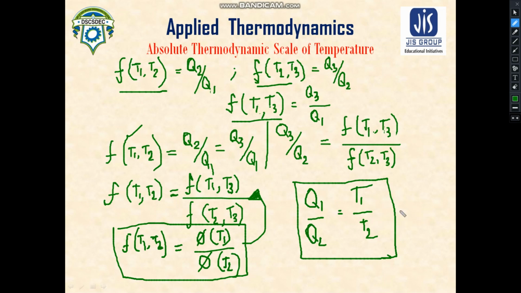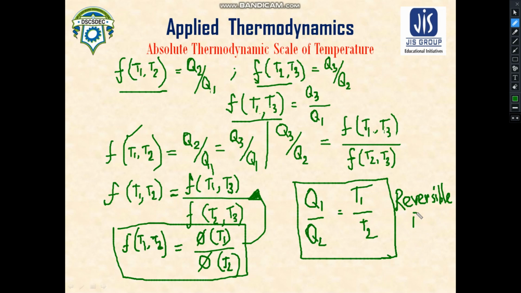And remember, this is only valid for reversible processes. This relationship cannot be applied for irreversible cases. Once again I am saying, please remember it, please don't ever forget.